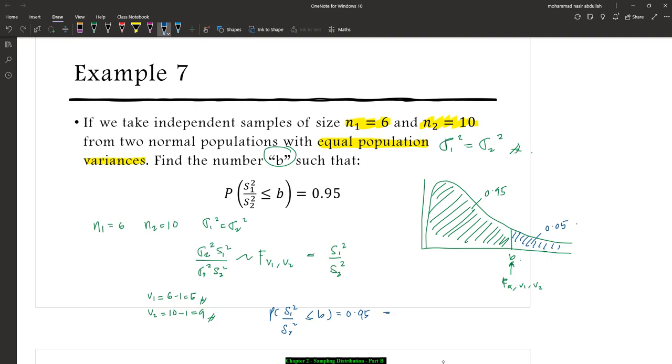So it should be 1 minus the complement. We want to find the complement, the probability of S1 squared over S2 squared more than B equals 0.05.